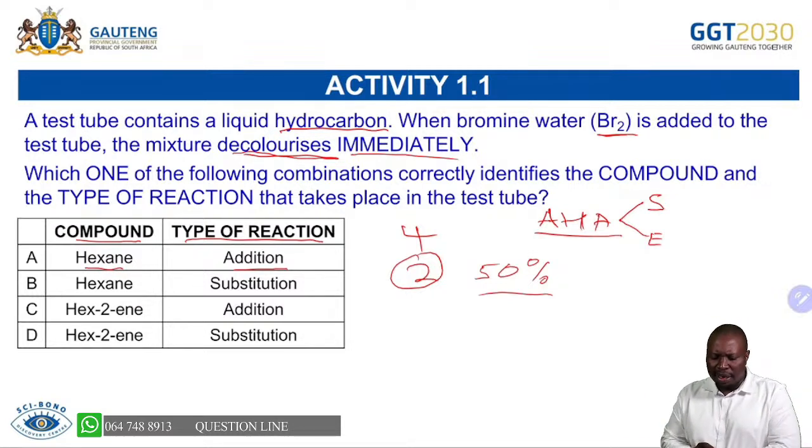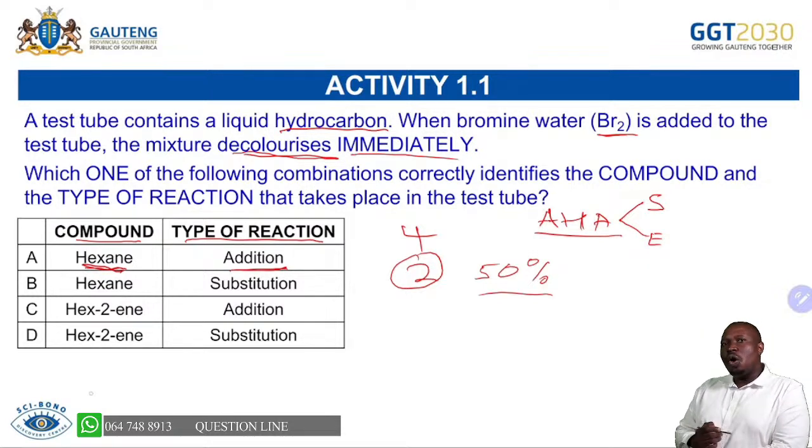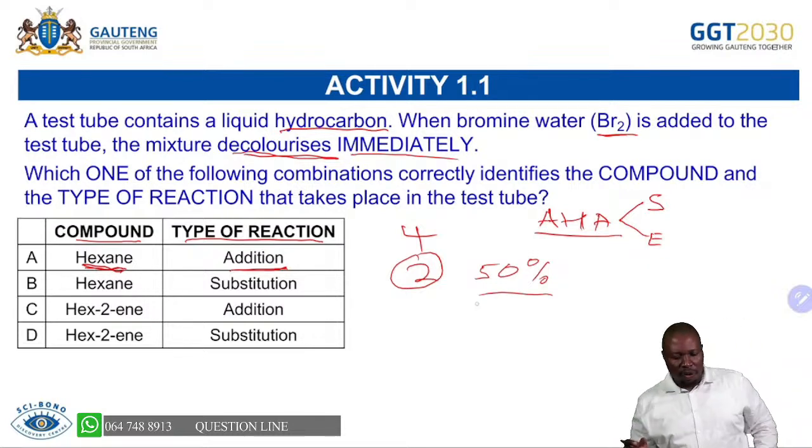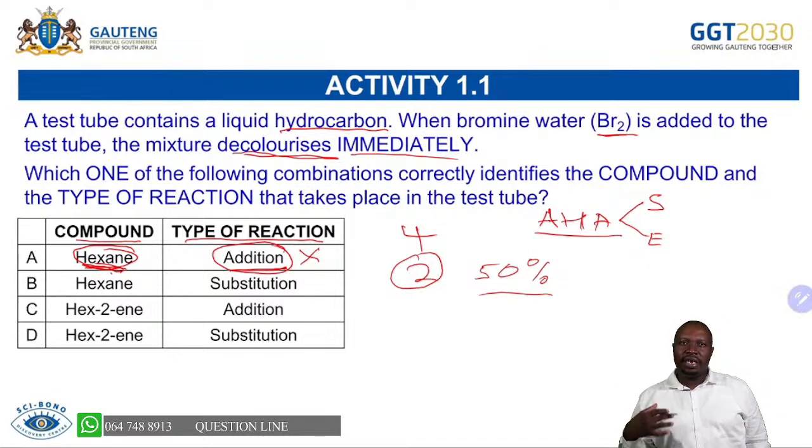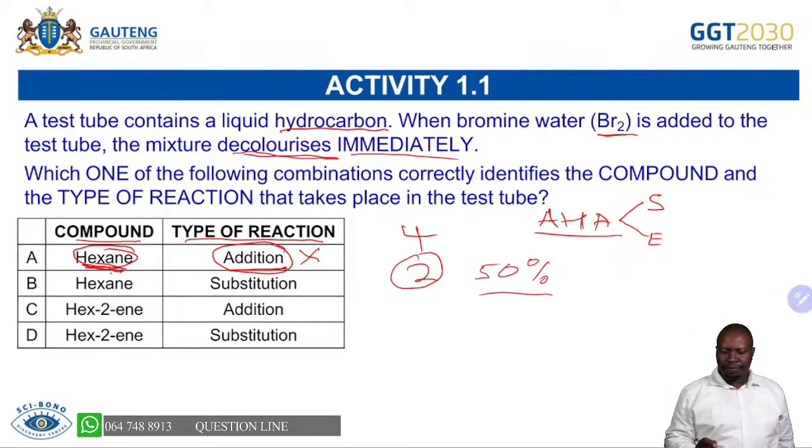Now we are saying hexane is an alkane, so it cannot undergo addition. Remember, addition is only for the unsaturated hydrocarbons that we do their reactions. We focus on alkenes. So alkenes are the ones in grade 12 that are undergoing addition reaction. So you will see that this one will be wrong because alkanes don't undergo addition. So that is an obviously incorrect answer.